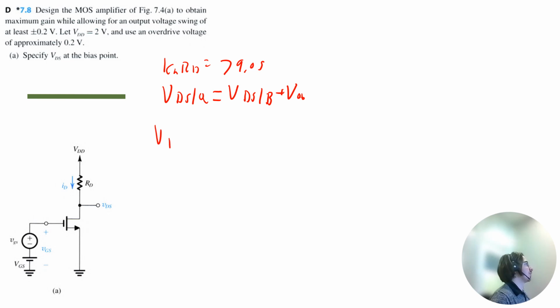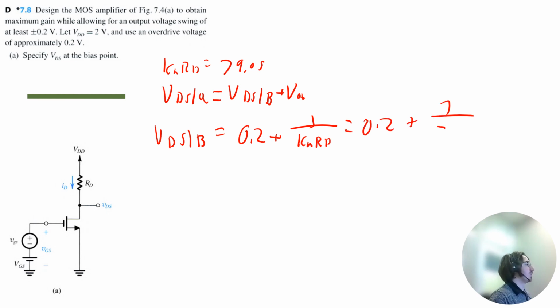So now we just need to solve for VDS at B, which we derived from the last problem is 0.2 plus 1 divided by Kn Rd. So that's equal to 0.2 plus 1 divided by 79.05. So I get that VDS at point B is equal to 0.2127 volts.